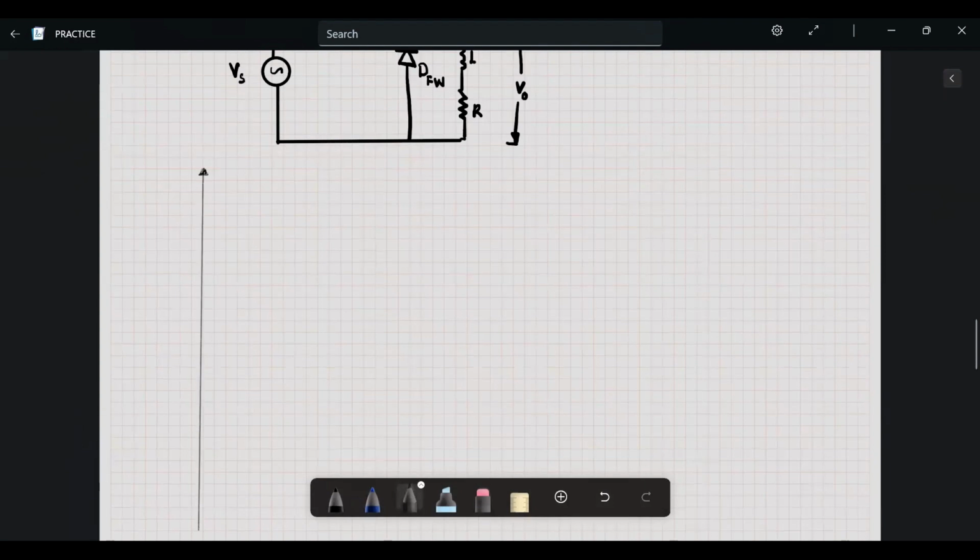So I'm going to have the output across the load. I'm going to have three waveforms, or about four. The first one is going to be the input waveform. The next one will be the output waveform.